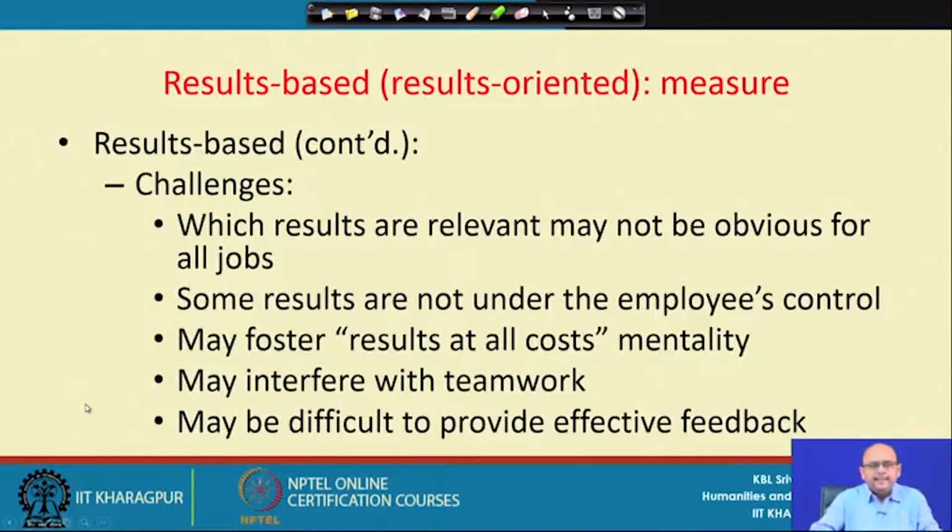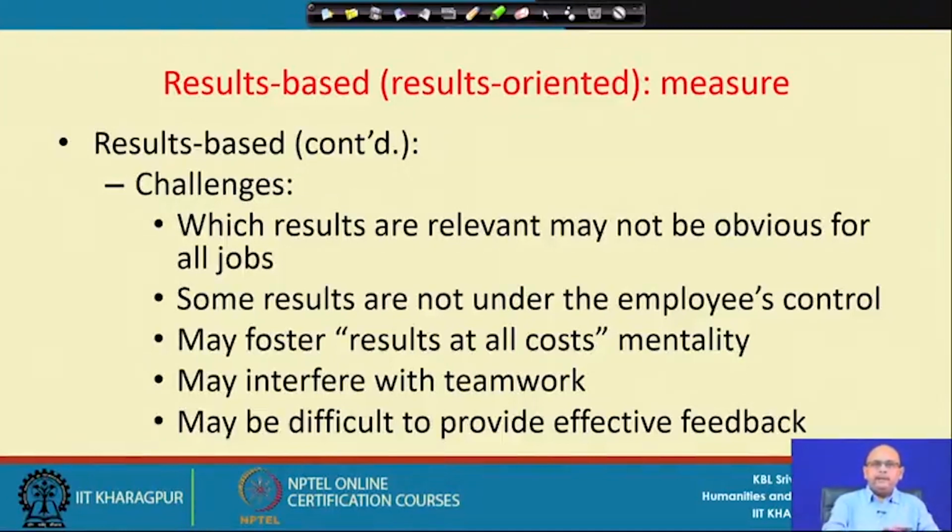Now, what are the challenges in a result-based measure? You need to identify what results are relevant in a particular job, because the same results cannot be relevant for all jobs. For example, a professor's job, a salesman's job, a production manager's job or a system analyst's job.